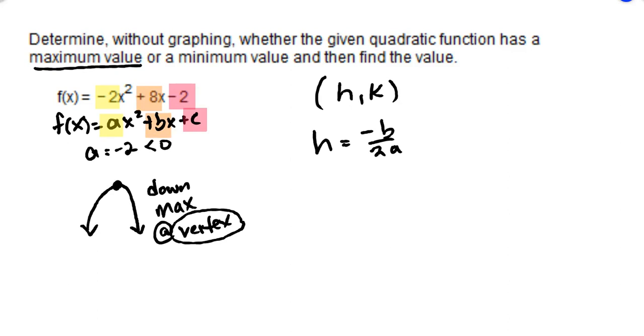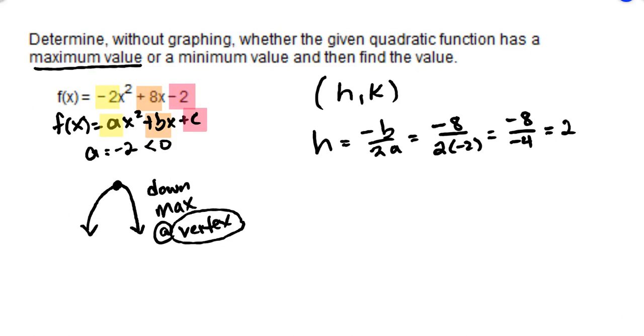So let's calculate the x-coordinate of the vertex. We have b is 8, so -8 in the numerator, and a is -2, so we have 2 times -2 in the denominator. This is -8 over -4, which is a +2.